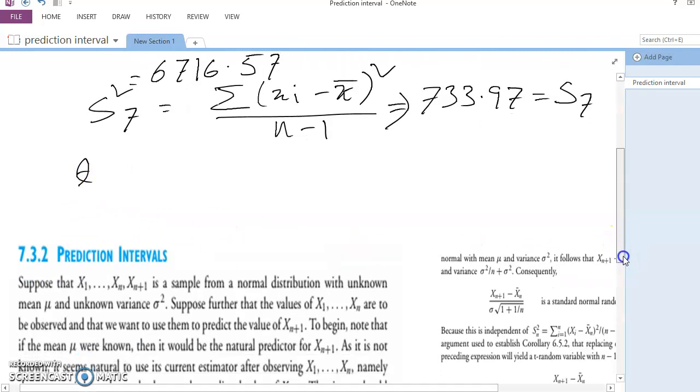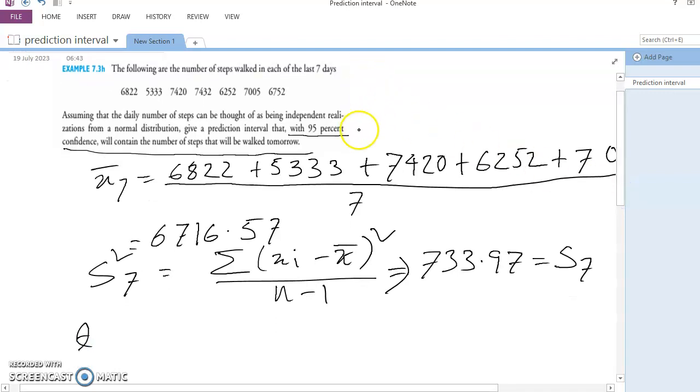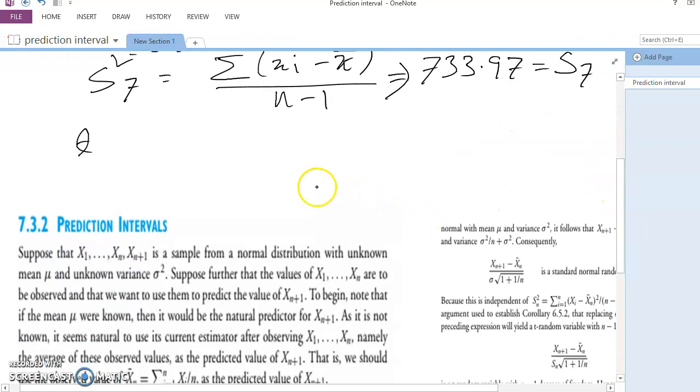The problem is based on the t distribution, friends. The test statistic is the t distribution, since we have independent realizations from a normal distribution. My t statistic is t 0.025, and the number of degrees of freedom is 6 because n minus 1 equals 6.